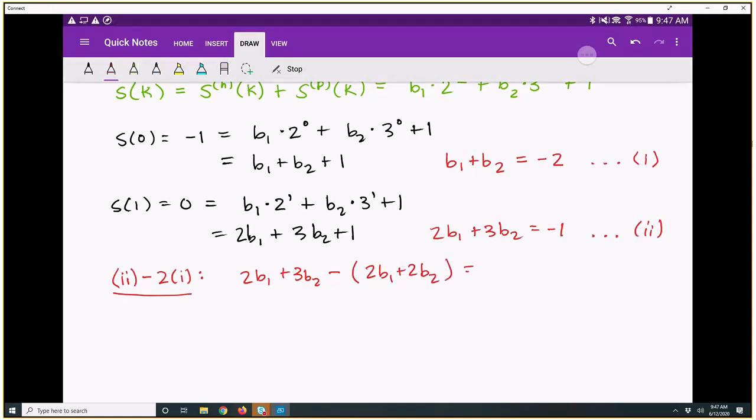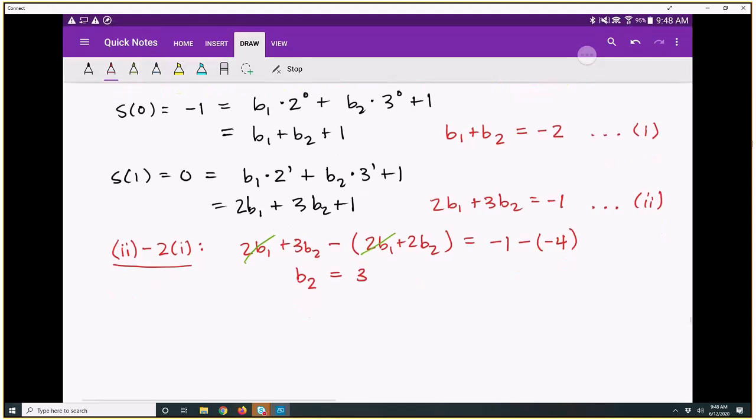And on the right-hand side, that's -1 minus -4. So canceling 2b1 with minus 2b1, then I have 3b2 minus 2b2. So that gives me b2 is equal to -1 plus 4, which is 3.